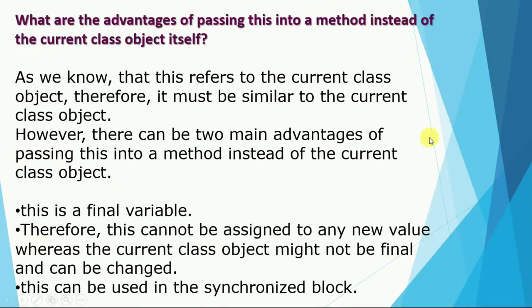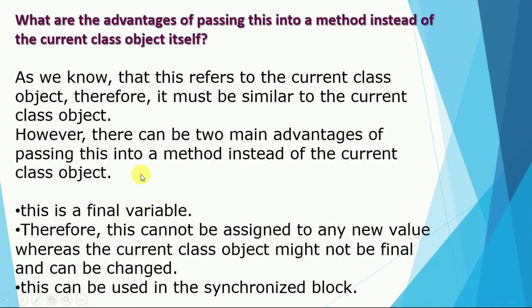Okay, so what are the advantages of passing this into a method instead of the current class object itself? So if we are trying to pass this into a method instead of the current class object, what are the advantages? As we know, this refers to the current class object, therefore it must be similar to the current class object. So there can be two main advantages. First, this is a final variable. Because it always refers to the current class object, this is always a final variable.